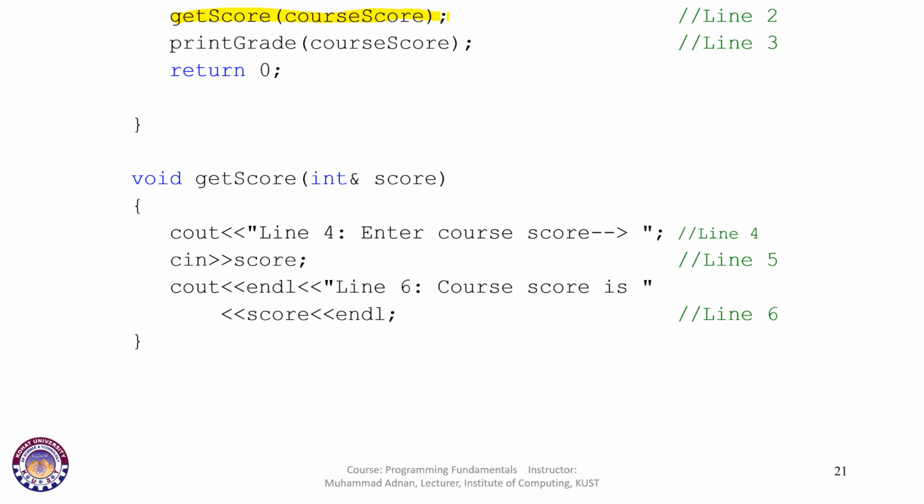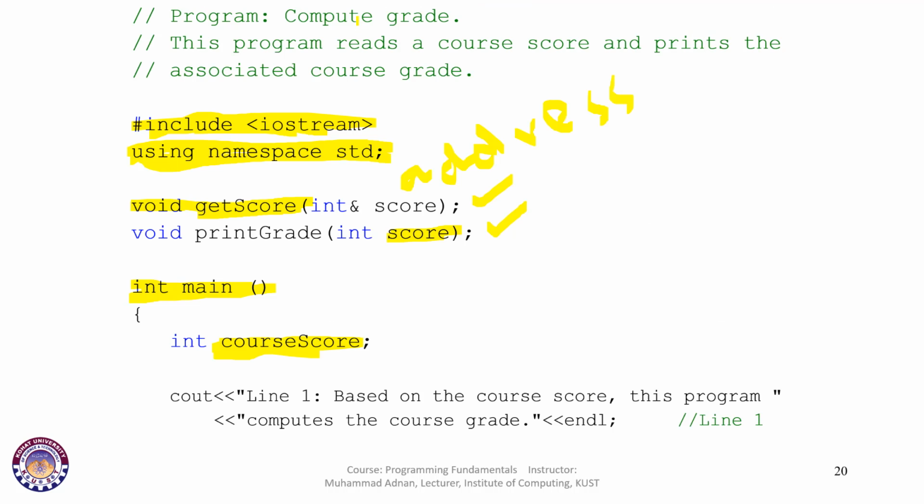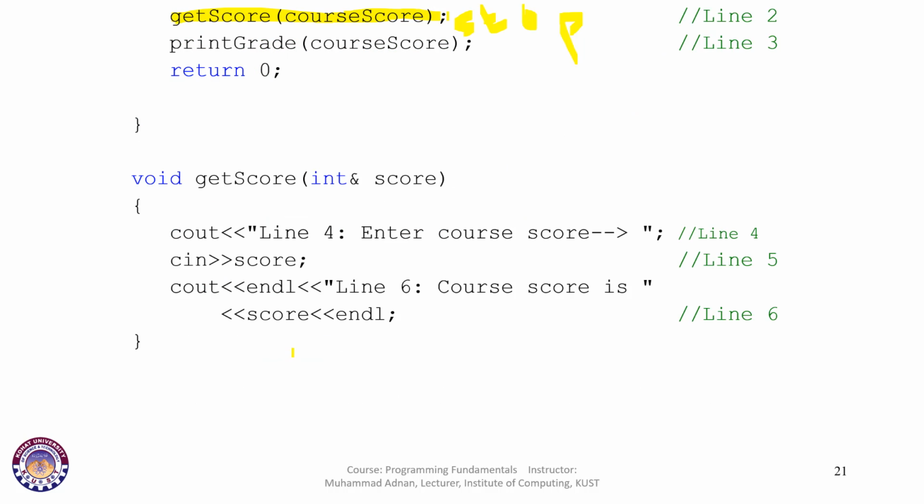The program execution stops here in the main function, and then we pass the reference or address of the course score. This is that course score. We pass the reference, and then the reference is stored in this variable.